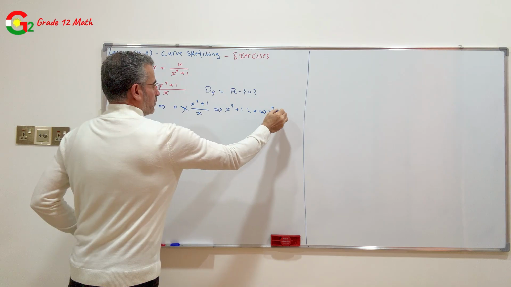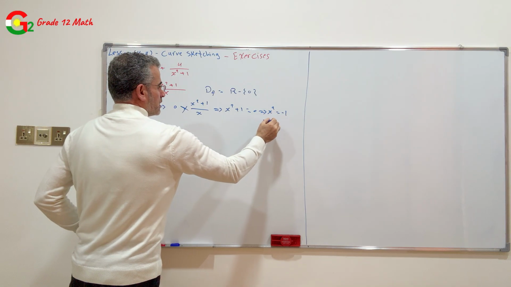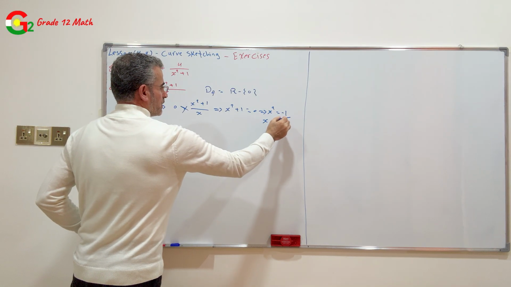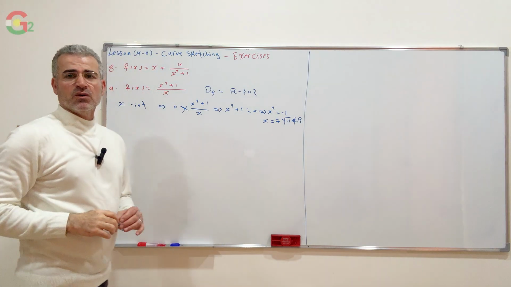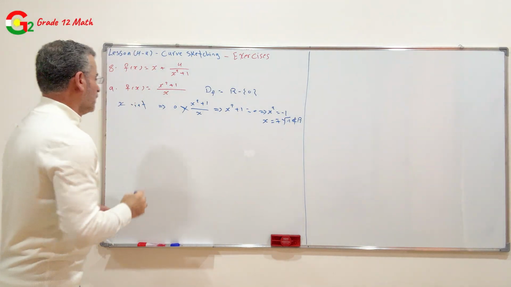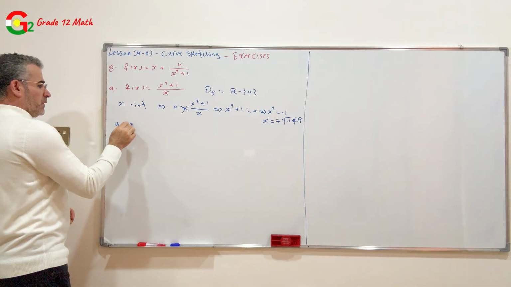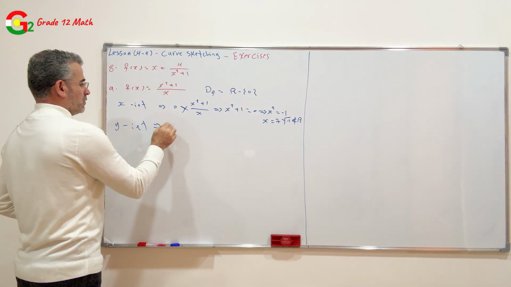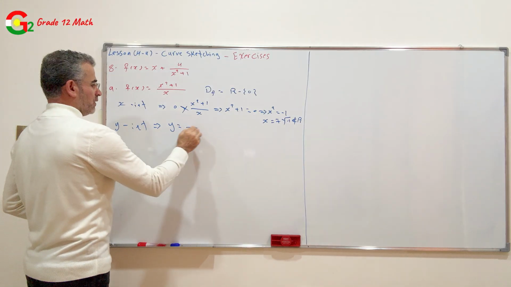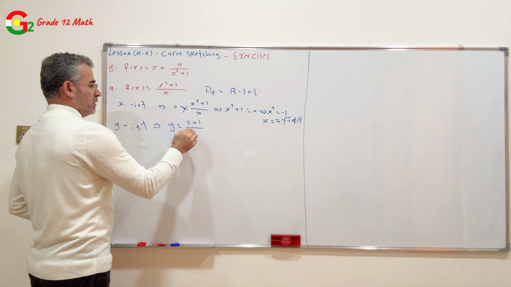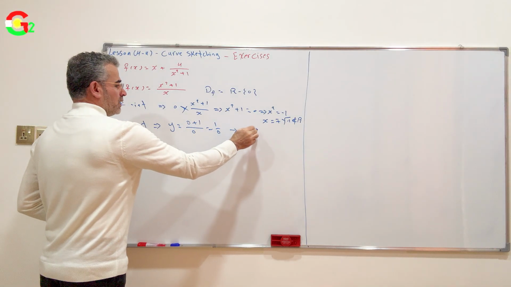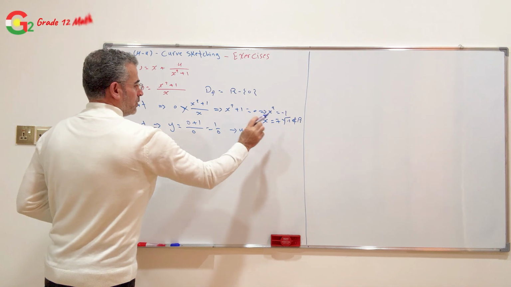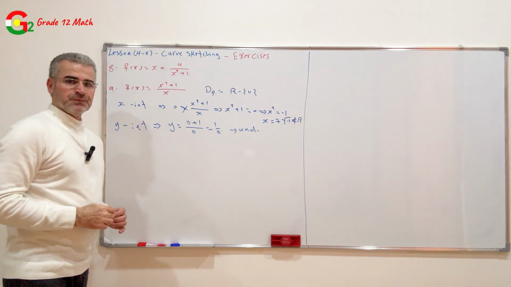Then x power 2 equals negative 1, x equals plus or minus square root of negative 1, not a real number, therefore there is no x-intercept. For the y-intercept, we set x equals 0 and find the value of y, therefore y equals 0 plus 1 over 0 equals 1 over 0, undefined term, there is no y-intercept.